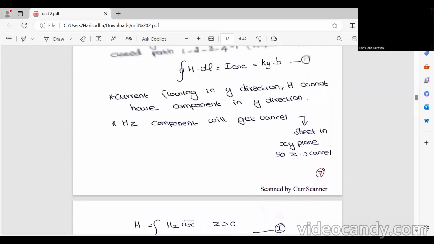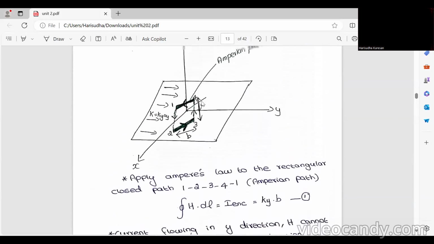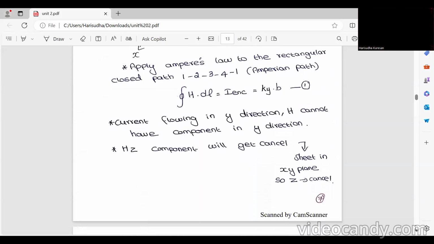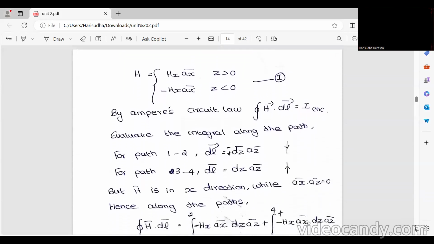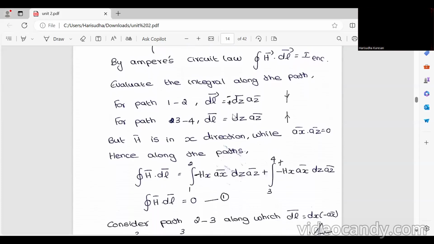In the diagram, this length will be a. It depends upon the chosen direction: if we represent path 1 to 2 as minus az unit vector, then in path 3 to 4 it will be plus az unit vector. Similarly, in path 2 to 3, it is plus ax unit vector, and the other side will be minus ax unit vector. That's why for one it is minus, and for the other it is plus.